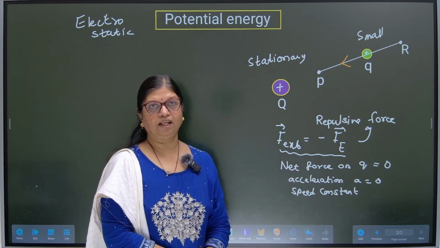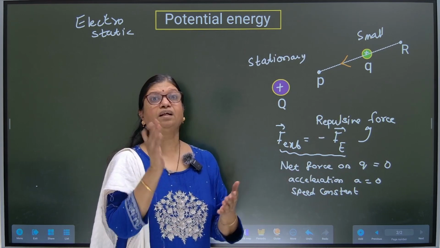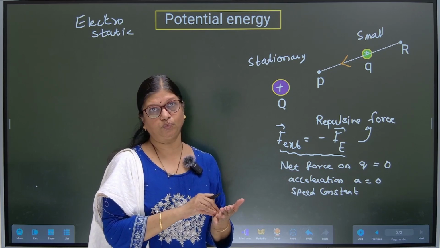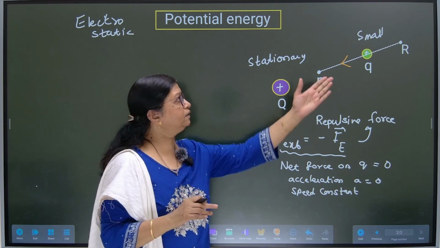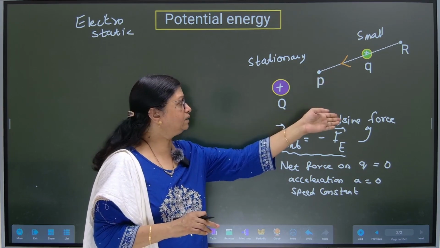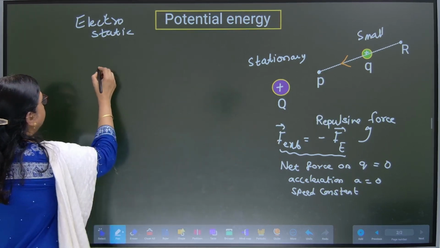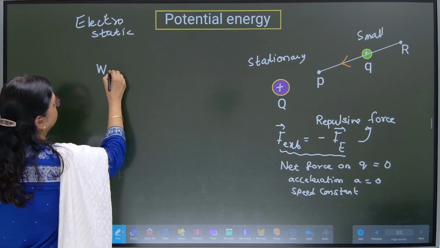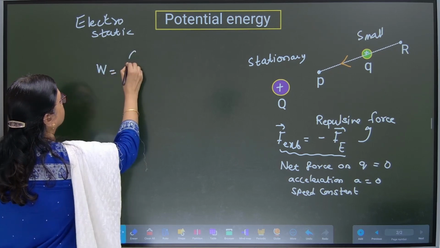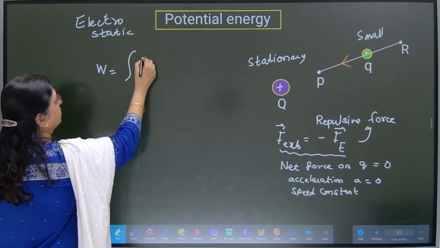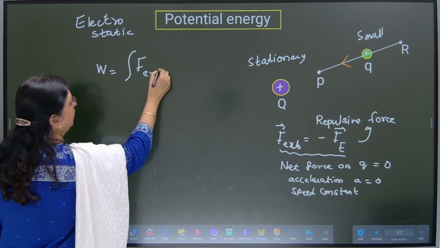Okay? So, the work I have to do in bringing this charge against this repulsive force is given by W, work done, F external I am applying.